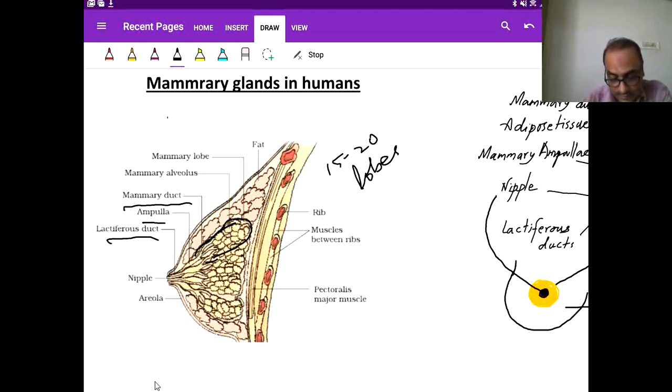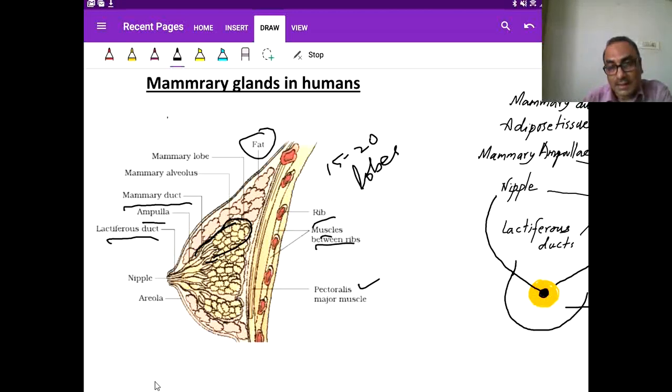Other than the glandular tissue, there is a lot of fat located in the breast or the mammary gland. Just behind this mammary gland, there is a muscular layer, that is the pectoralis major muscle, and behind that you find the ribs, and these are the muscles attached to the ribs.